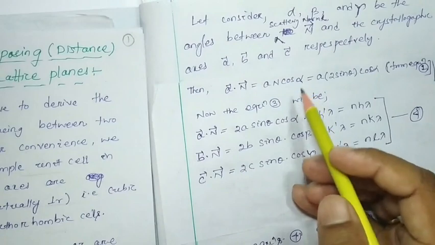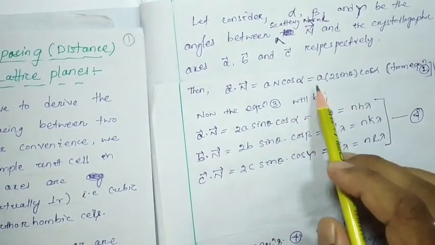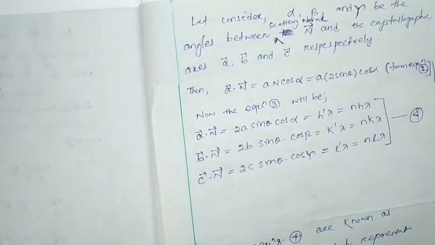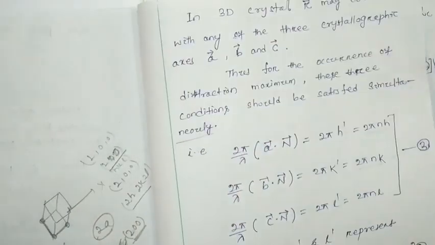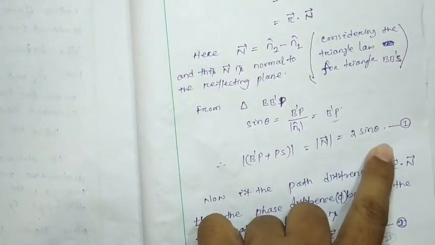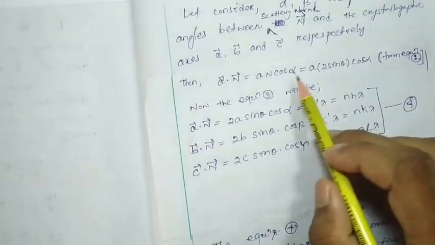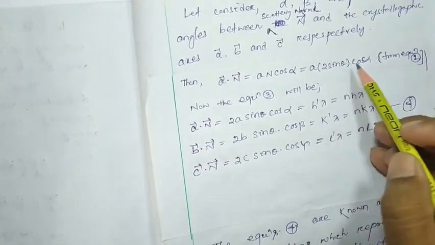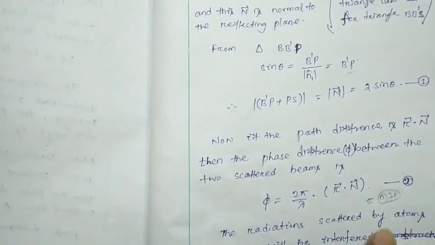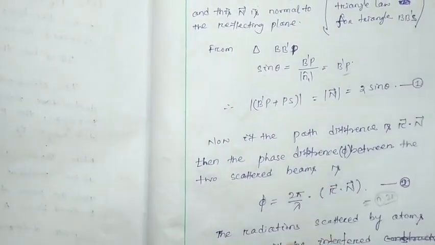And we know the magnitude of N that we found over here is 2 sin theta. So I put A into 2 sin theta into cos alpha, from equation number 1, where I have substituted N equal to 2 sin theta.